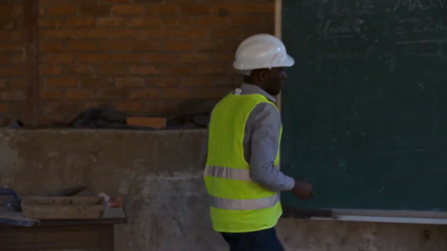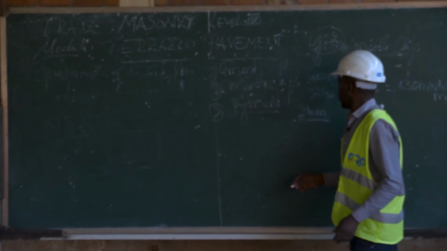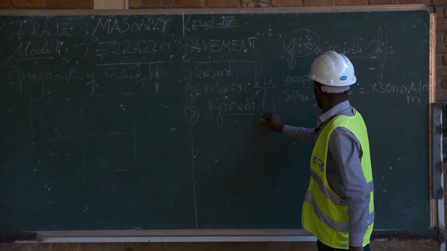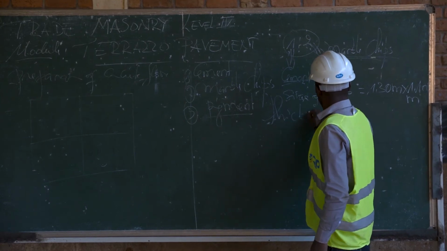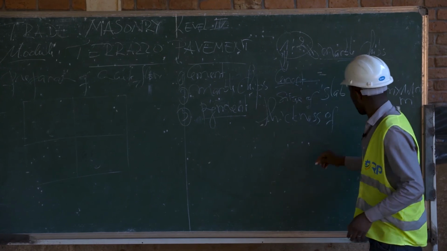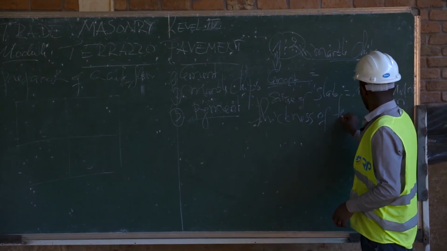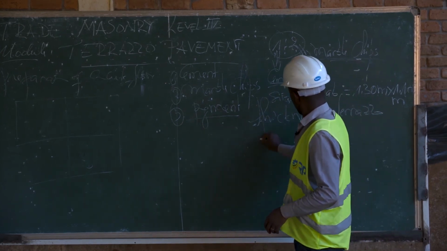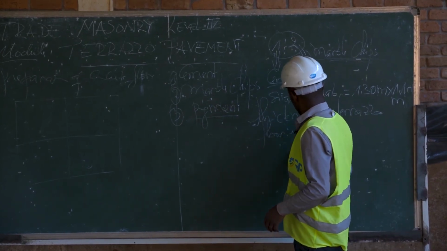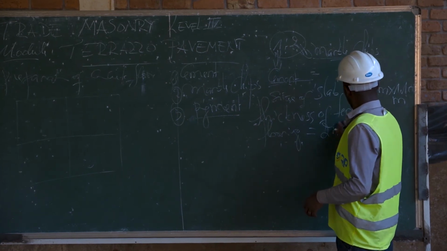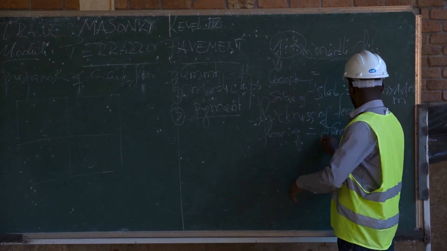Let's get the volume of material. Thickness of terrazzo flooring is equal to 2 centimeters.